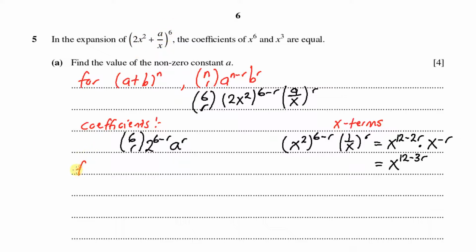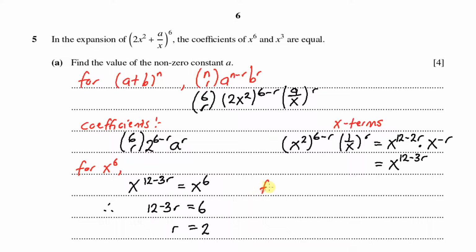Now, for the term in x to the power of 6, we can now say x to the power of 12 minus 3r, which is the general x term, is equal to x to the power of 6, which therefore translates to 12 minus 3r being equal to 6. We're equating the powers here. So we can solve for r, and r comes out as 2.